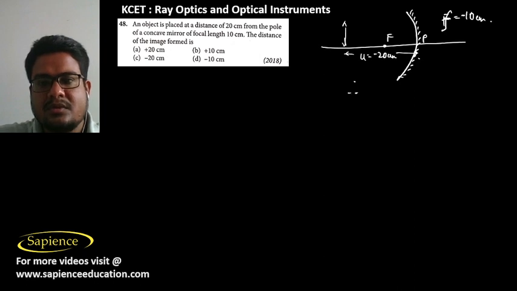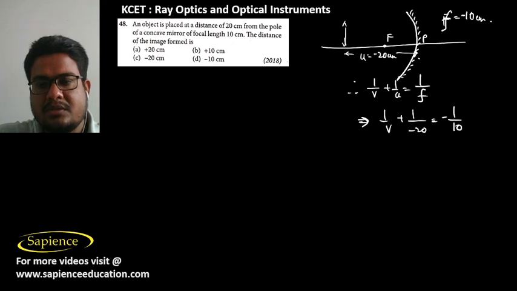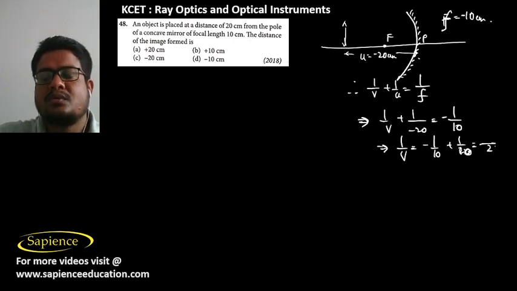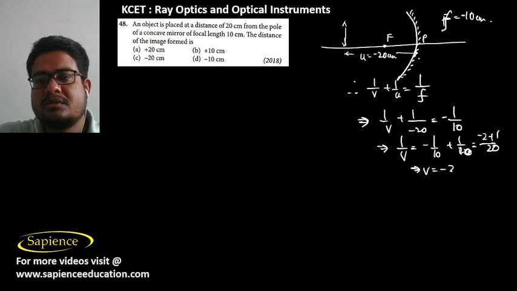We know the mirror equation is 1 by v plus 1 by u equal to 1 by f. So we have to find v: 1 by v plus 1 by minus 20 is equal to minus 1 by 10. 1 by v will be equal to minus 1 by 10 plus 1 by 20. 20 is the LCM, so v will be equal to minus 20.